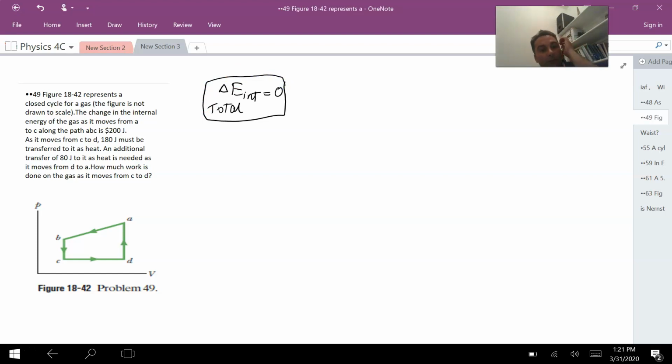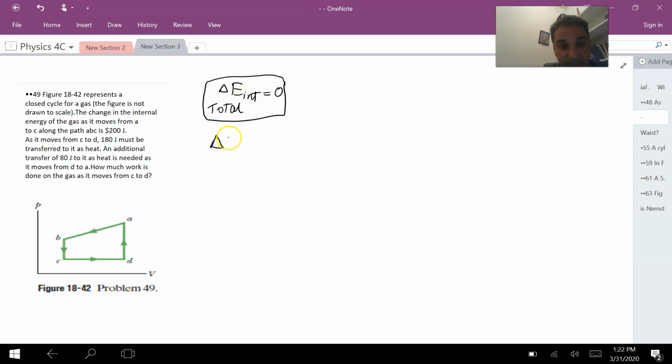Figure 18-42 represents a closed cycle for a gas. The change in internal energy of the gas as it moves from A to C. So this is delta E internal total, okay?